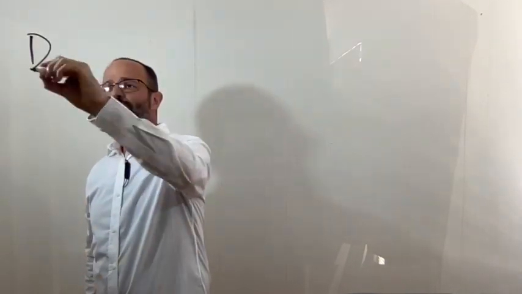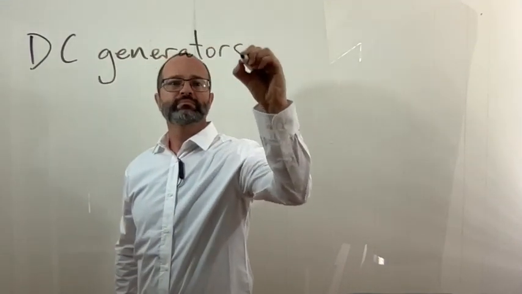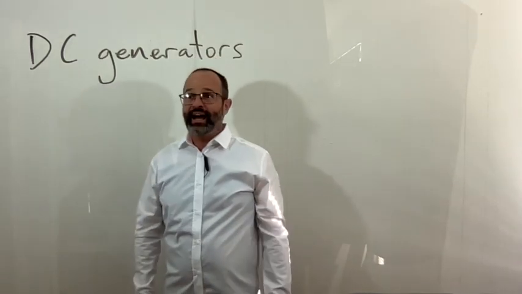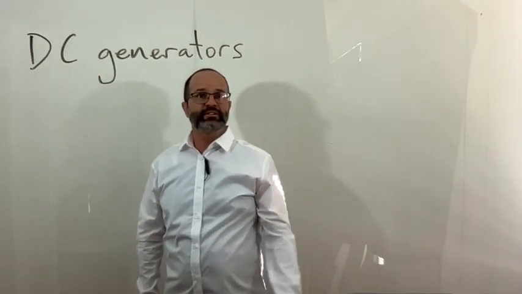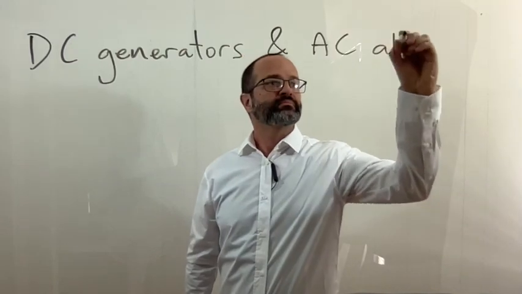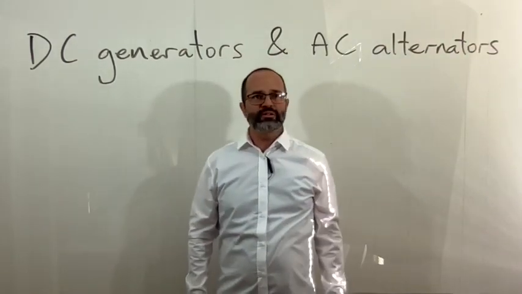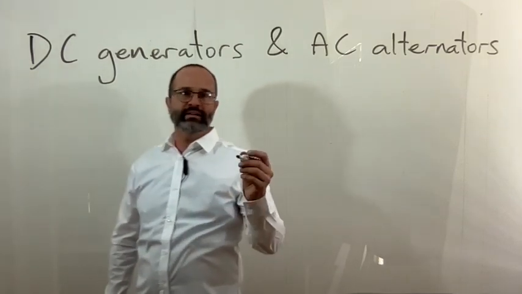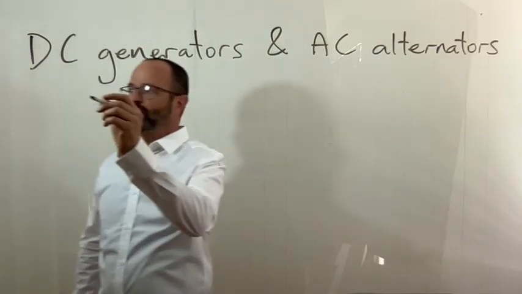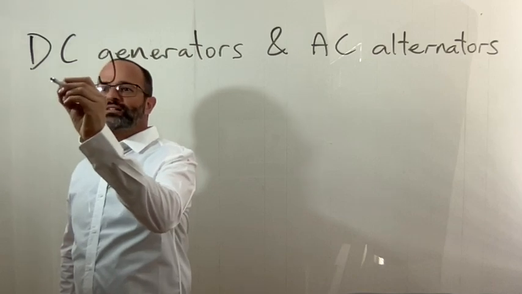Today we're doing DC generators and AC alternators. Okay, so the first thing we need to work out is that DC stands for direct current.